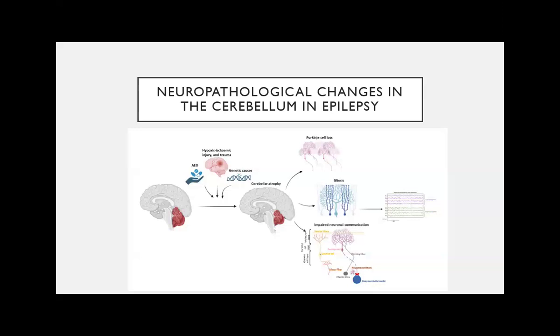It is thought that anti-seizure medications, hypoxic-ischemic injury, trauma, as well as genetic causes can lead to cerebellar atrophy. Histopathologically, it is shown that there is Purkinje cell loss, which is taken over by the Bergmann cells, leading to Bergmann gliosis, which leads to structural alterations, leading to impaired neural communication, leading to seizures.